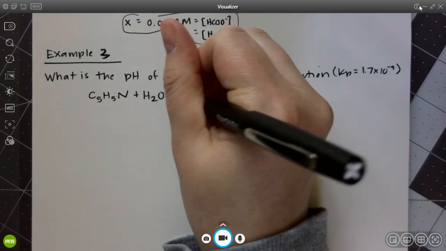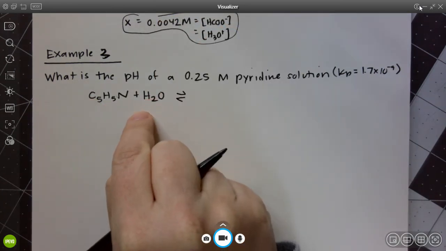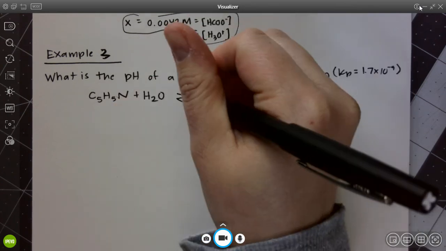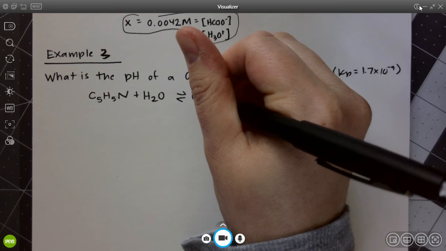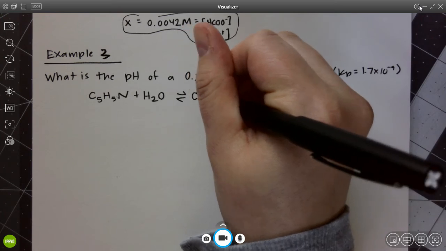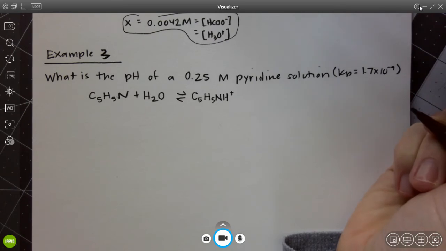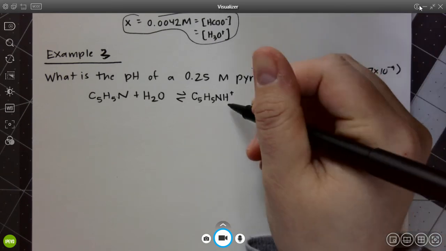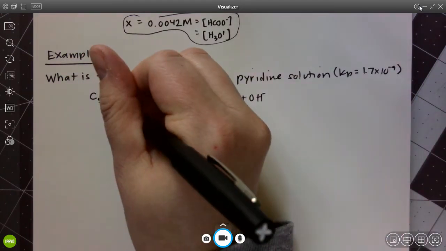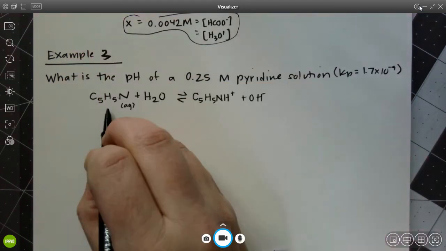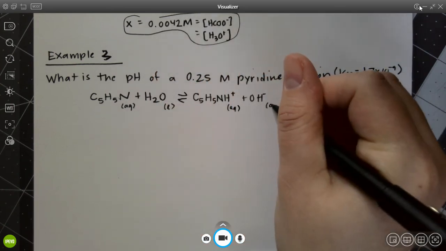C5H5N plus water, if this is my base, means that water is going to lose a hydrogen over to this guy here. It doesn't matter where you put it. I'm just going to tack it on at the end, because the nitrogen is actually what's going to take that hydrogen in the first place. So it's going to be C5H5N, H plus, plus OH minus. If we think about phases, this is going to be aqueous, this is pure liquid, aqueous, and aqueous.